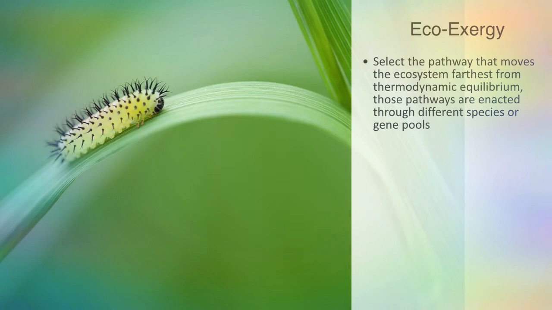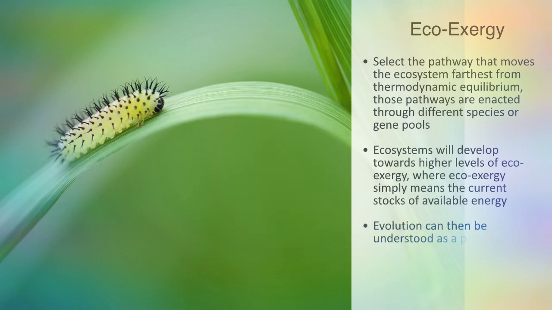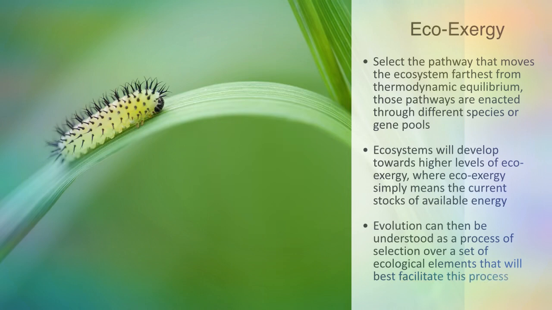The maximum ecoexergy principle states that ecosystems will develop towards higher levels of ecoexergy, where ecoexergy simply means the current stock of available energy. In so doing, they will move further away from thermodynamic equilibrium. Evolution can then be understood as a process of selection over a set of ecological elements that will best facilitate this process.